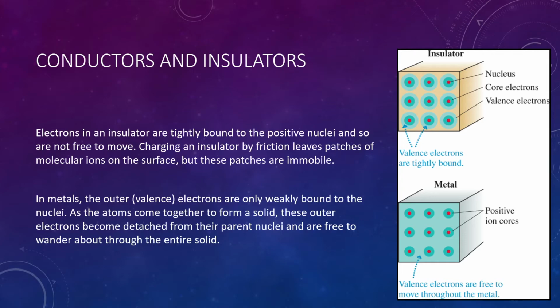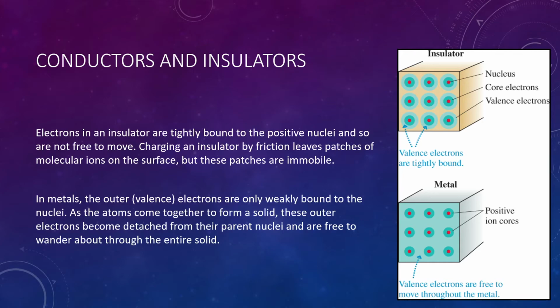We talked about two different types of objects at the start of this lecture, conductors and insulators, and now we're getting a vague idea of why there is that difference in the first place. In an insulator, where charges don't really move, the electrons are tightly bound in the atom. So they're not really free to move around, and so charges aren't moving. As a result, we don't see a charge able to flow through the object, and thus we consider it an insulator.